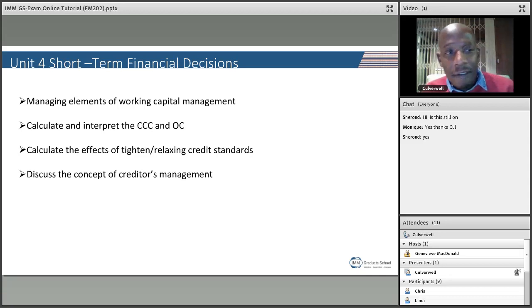It is short-term financial decisions. I'll speak around some of the most important elements or outcomes on this topic. The first one is managing elements of working capital management. Working capital is calculated as current assets minus your current liabilities. And the most important elements under your current assets are these 3.